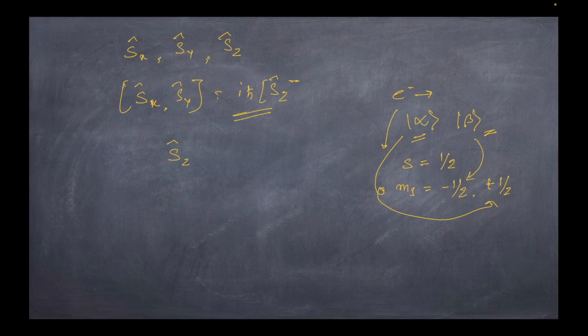If we operate Sz on alpha, similar to the orbital angular momentum operator, we get the eigenvalue ms h bar times alpha. For alpha, ms is plus half, so that gives half h bar alpha. Similarly, if we operate Sz on beta, we get minus half h bar beta.